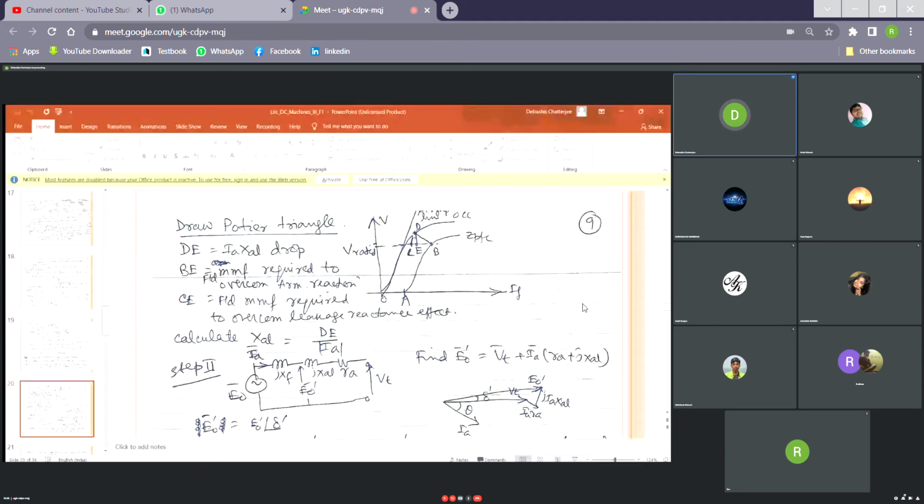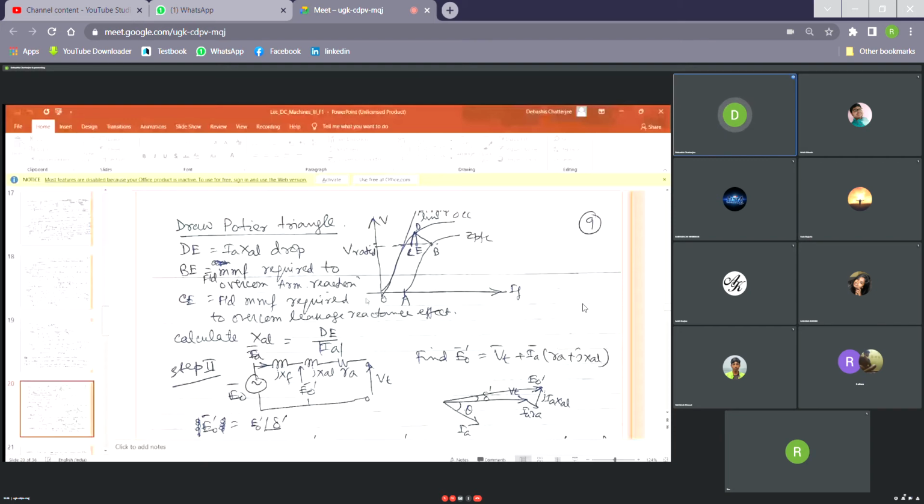The first step is to draw the Potier triangle, and then you can calculate the leakage reactance because DE is IA XL. Now you know the magnitude of IA, therefore XAL you can find out: DE by IA is XAL. So you have found the armature leakage reactance.